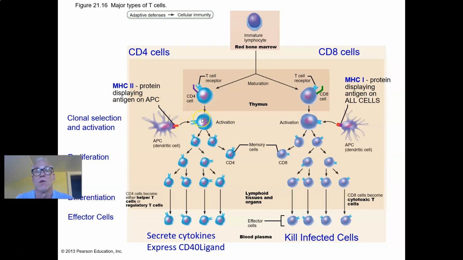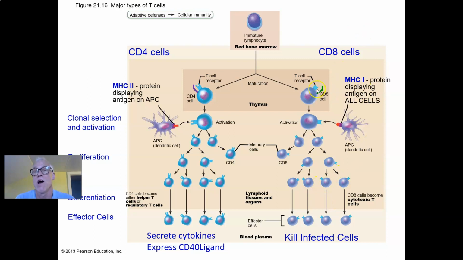The CD4 cell becomes activated, proliferates, and produces a clone, right? Proliferation over here. And then the clone matures into effector cells, helper T cells that can secrete cytokines that will rev up or allow the final activation of antibody-producing cells of the humoral immune system and cytotoxic T cells of the cellular immune system.